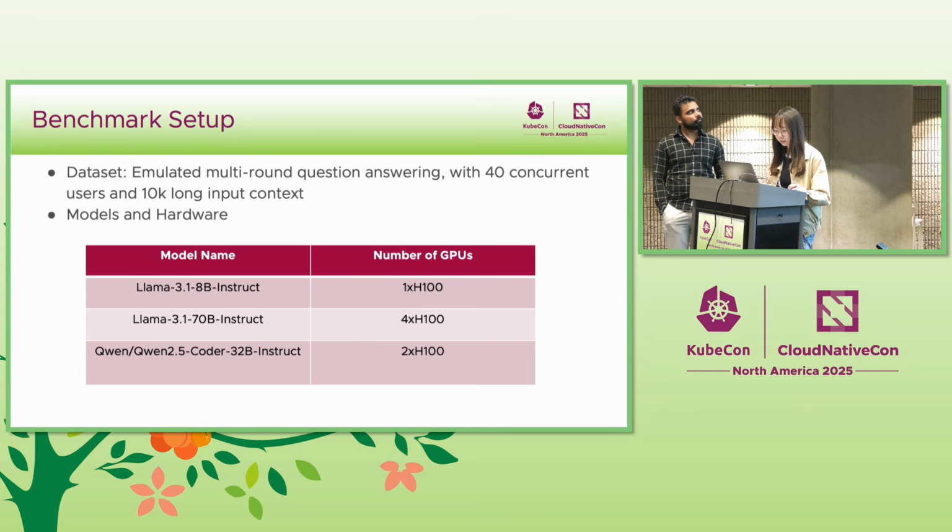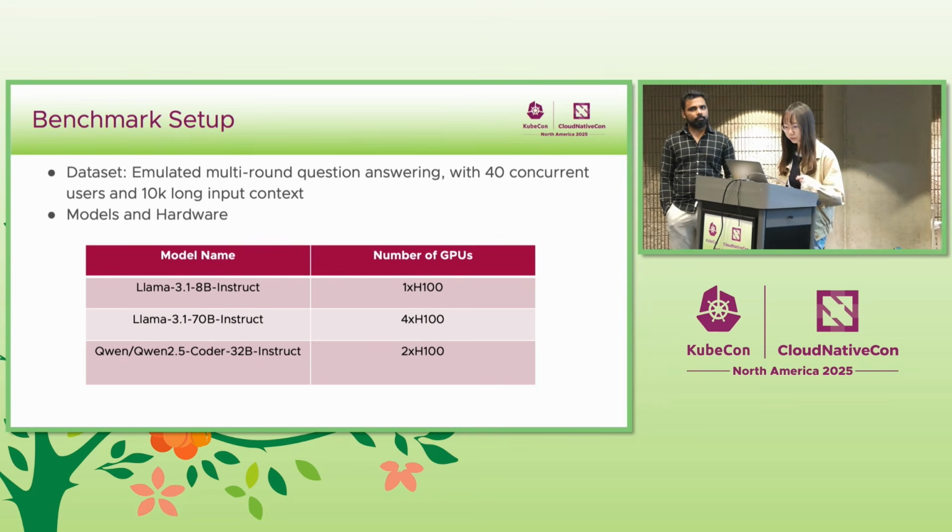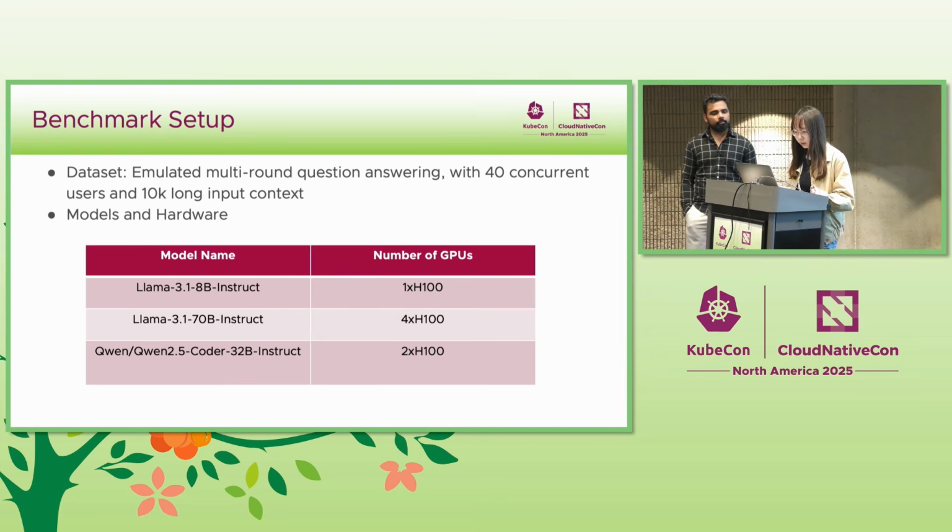For the models, we use the minimum number of GPUs that can host the model weights. Here we show a bunch of results on Llama 3.1 8B, Llama 3.1 70B, and Qwen 32B. We enabled the LMCache CPU offloading feature, where KV cache will be offloaded to CPU memory whenever it does not fit in GPU memory.